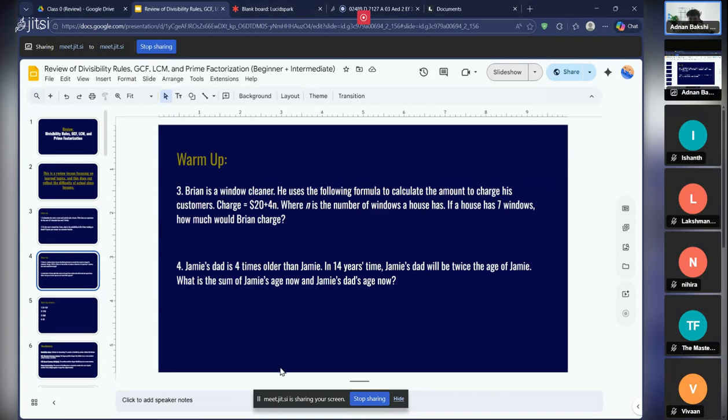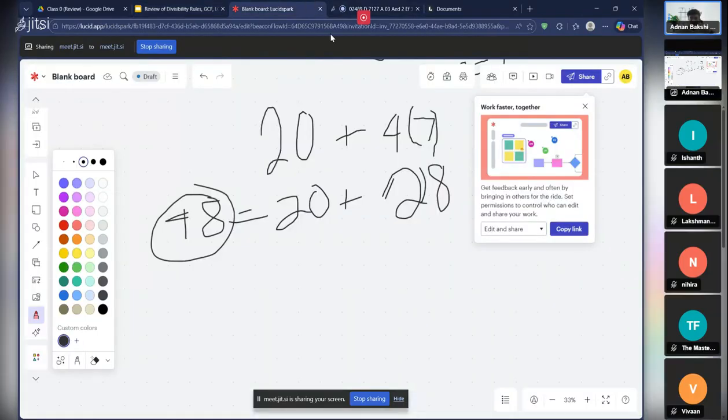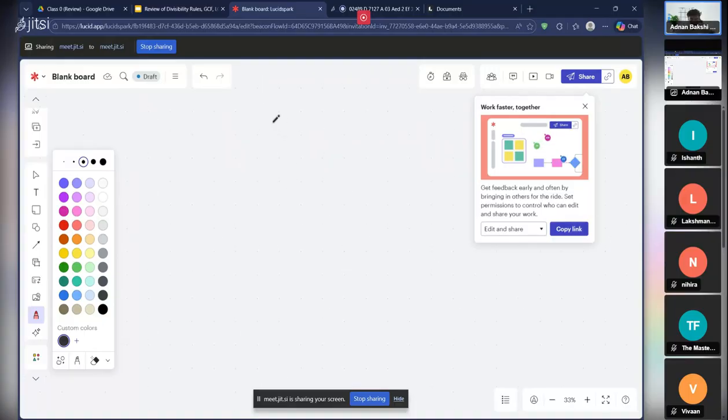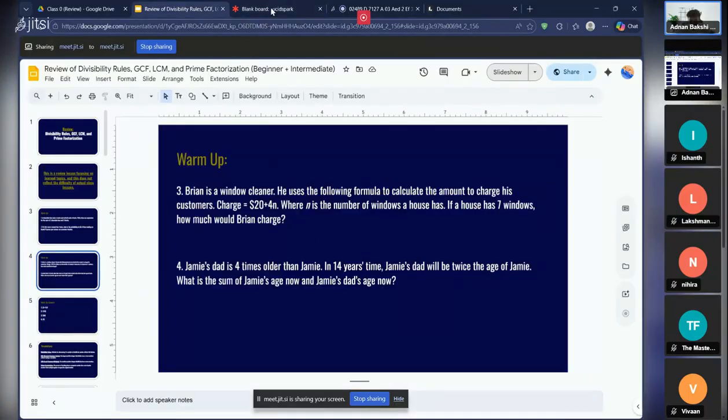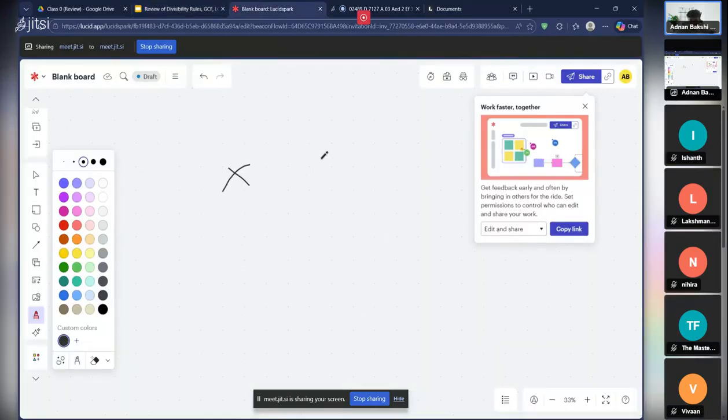Okay, so number 4: Jamie's dad is 4 times older than Jamie. In 14 years, Jamie's dad will be twice the age of Jamie. What's the sum of Jamie's age now and Jamie's dad's age now? Let's say that Jamie's age is equal to X. Jamie's dad would be 4X because he's 4 times as old as Jamie.